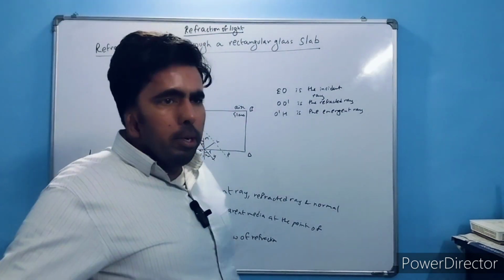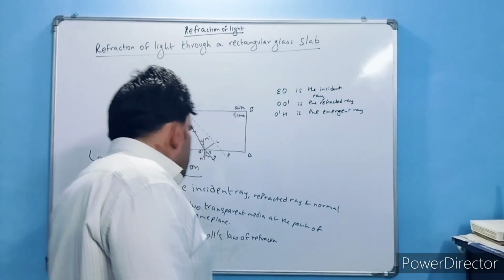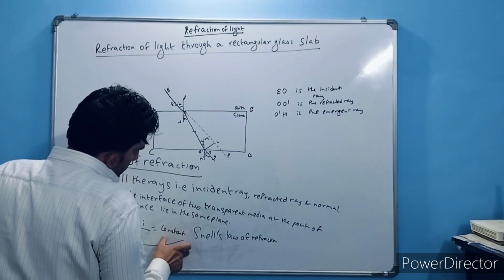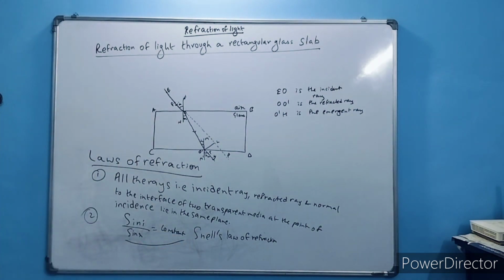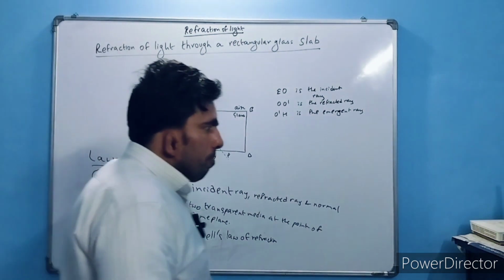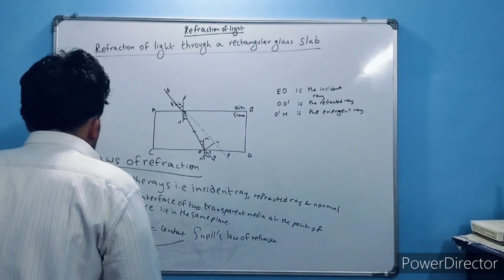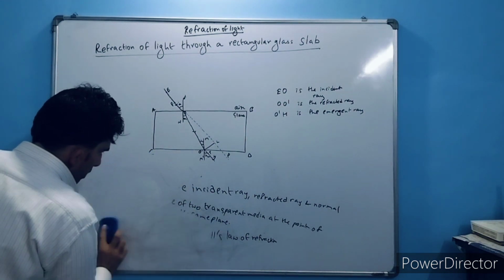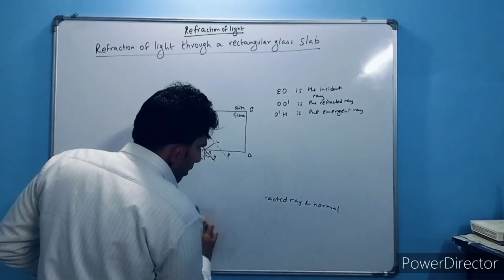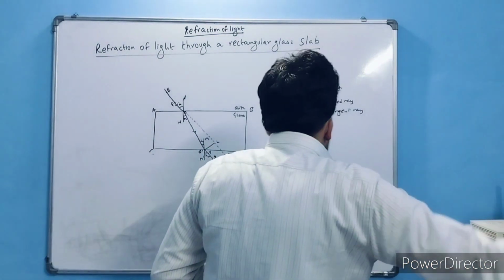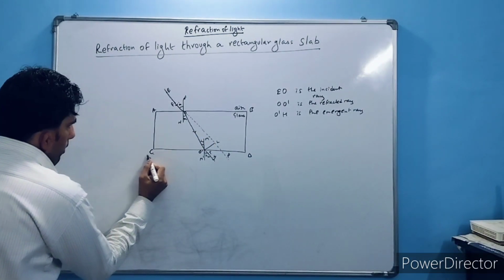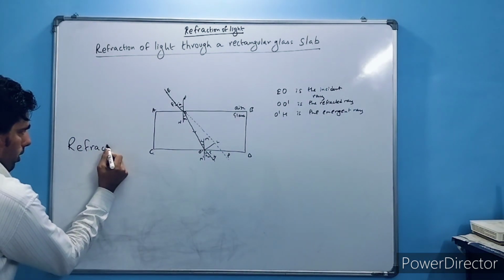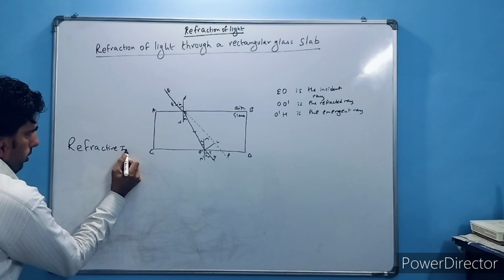Now we know that the constant term is referred to as the refractive index. The next topic we have is the refractive index.